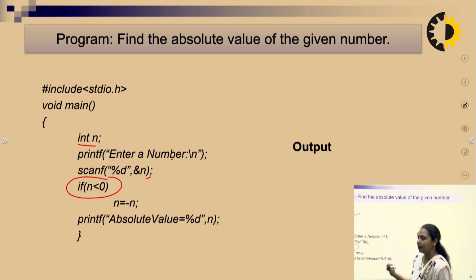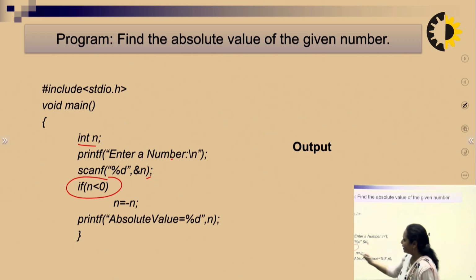If a number is positive, we need not perform any change to it, because we directly print the value n as it is. But if the user enters a negative number, we have to remove the minus sign from the front of the number. Then only are we able to print the absolute value of the data.